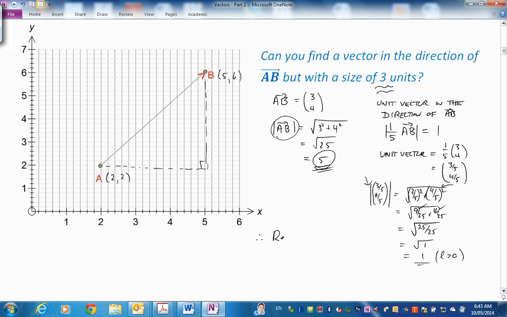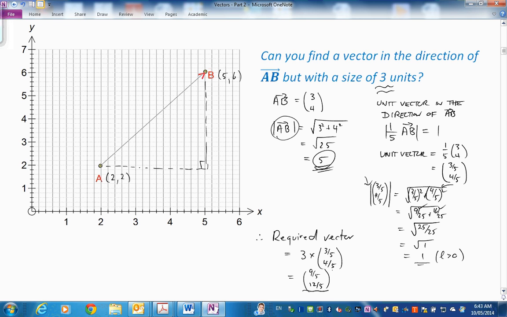Therefore, the required vector, being 3 units long, would be equal to 3 times the unit vector in the direction of AB. Or if you like, (9/5, 12/5). That would be our 3 unit vector, and you can check its length if you like.